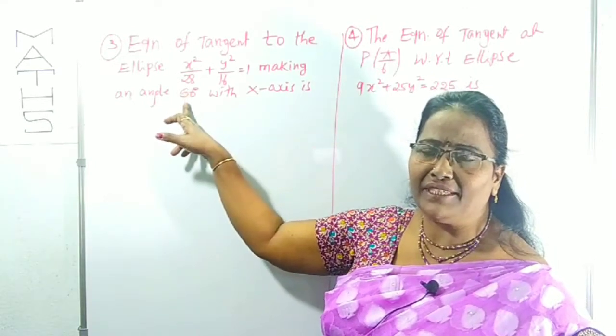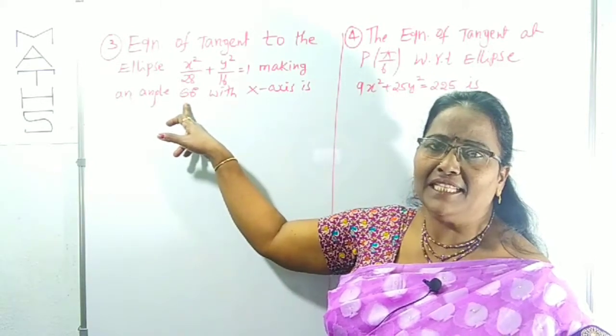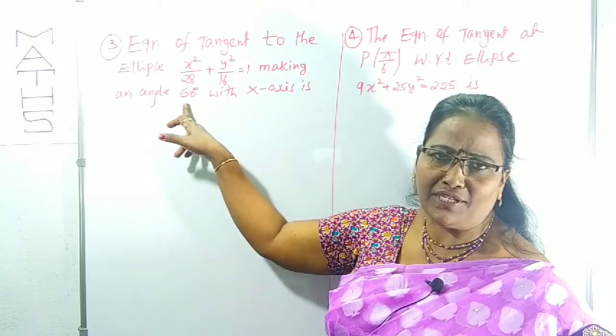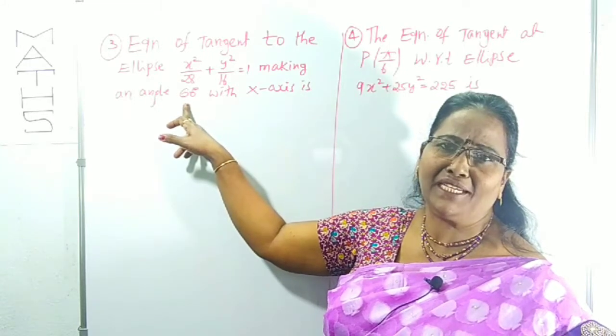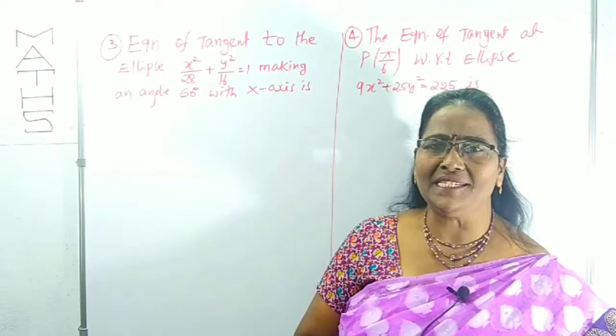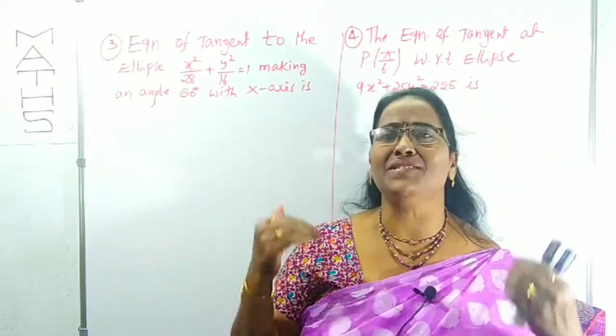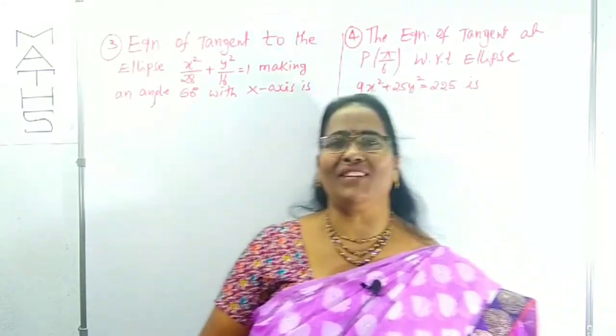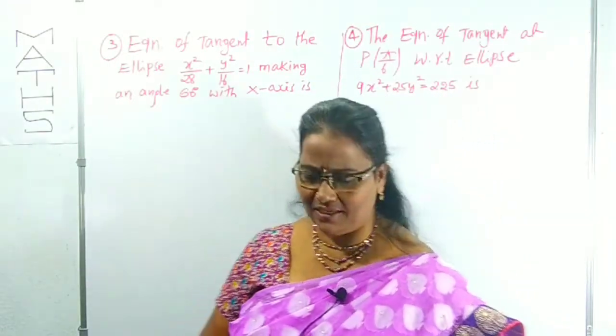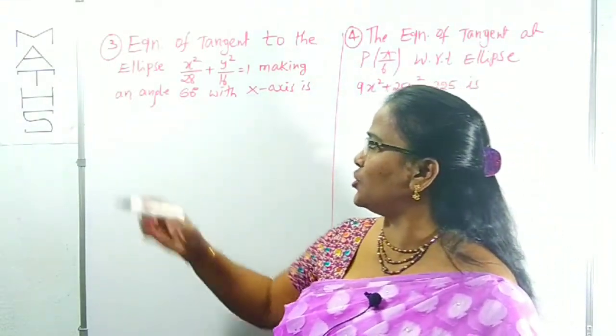If you know the angle of inclination theta, the slope is tan theta. Indirectly the slope of the tangent is given, so you have to choose the equation of tangent in slope form. Is it clear? Now first we can find the slope.